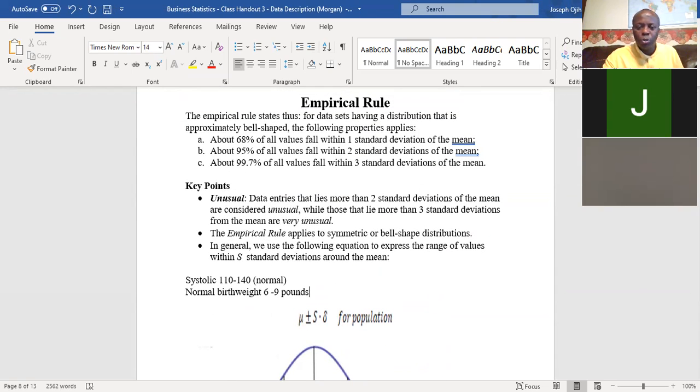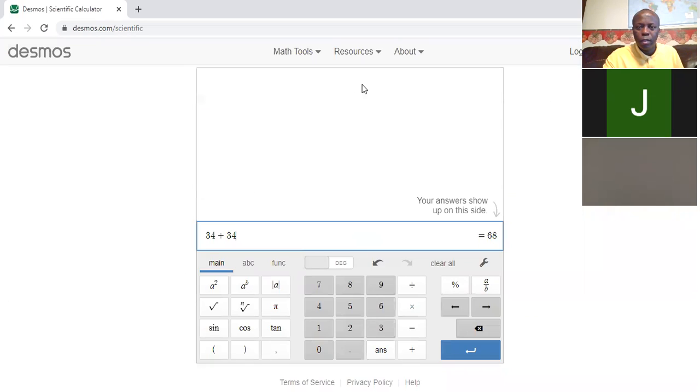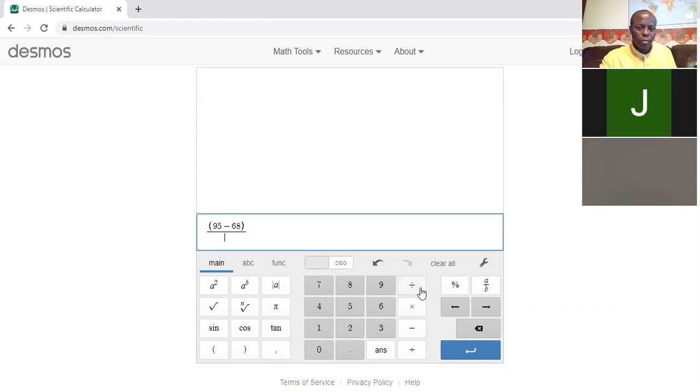I'm going to show you right away. 95, excuse me, I think I put it the wrong way. 95 minus 68% divided by 2. Yeah, we're good. That'll give us 13.5%.